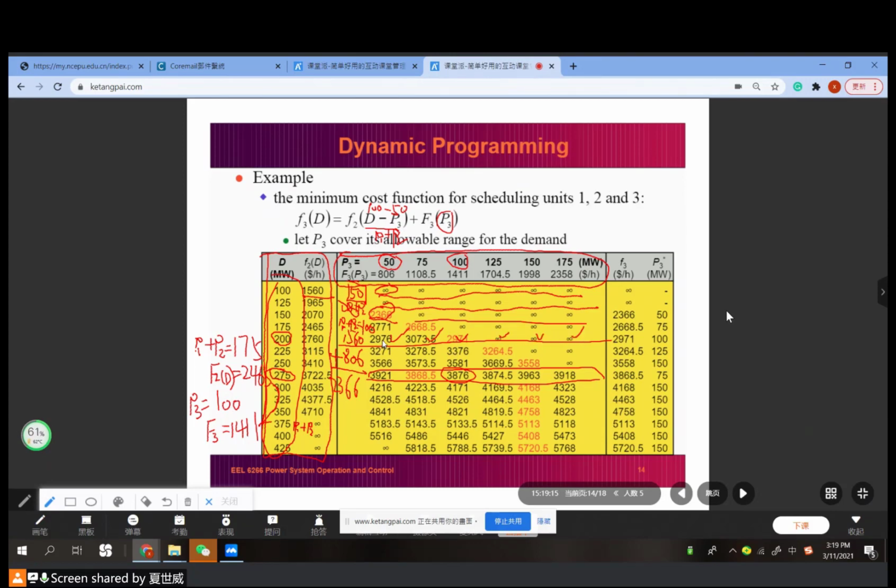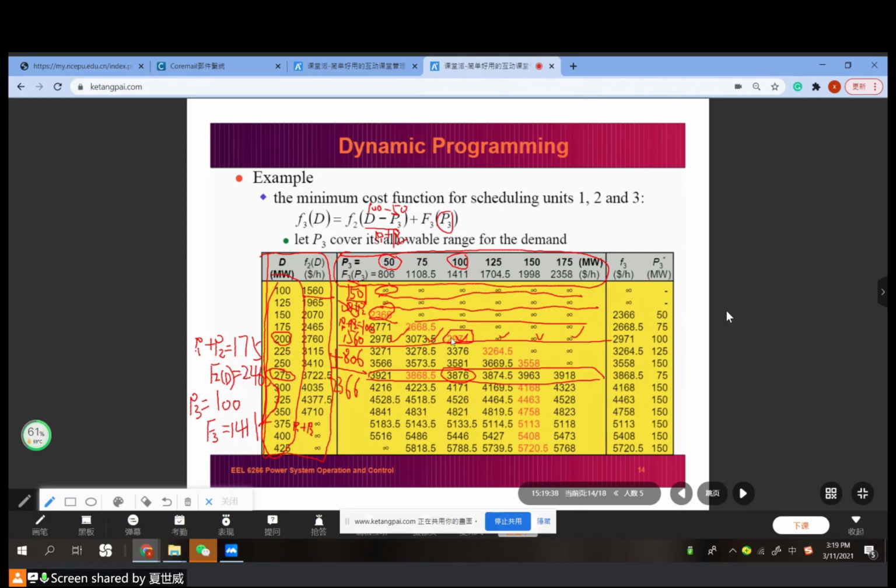Option 1, option 2, option 3, option 4, option 5, option 6. That means you have to support the total load of 200 by generator 1, generator 2, and generator 3. Different options have different fuel cost. Which is the best? Of course, you will choose the minimum value as the best cost.